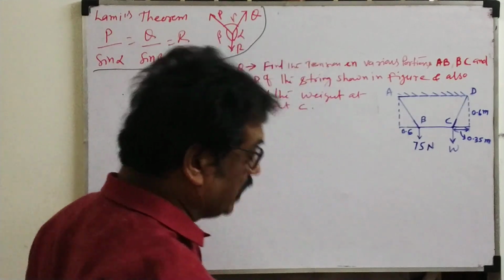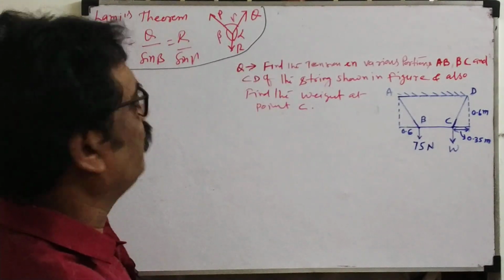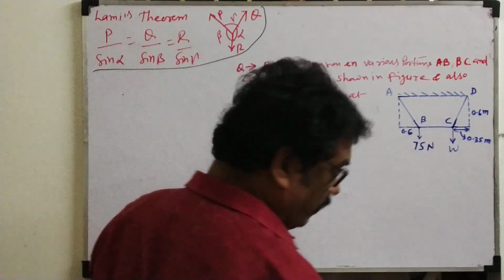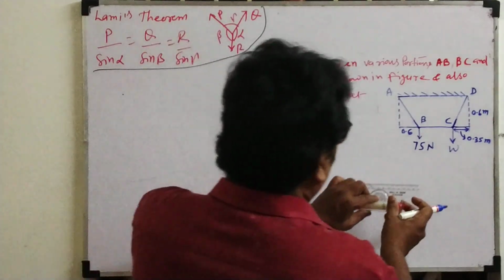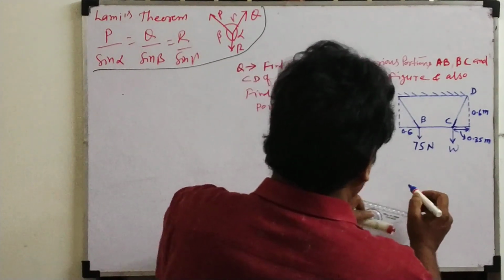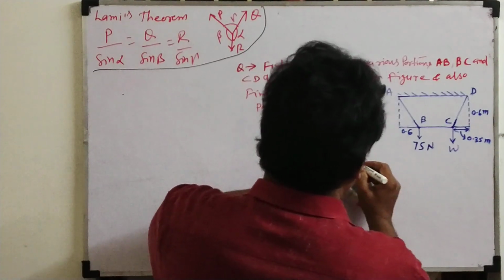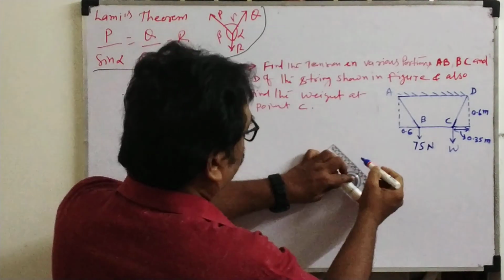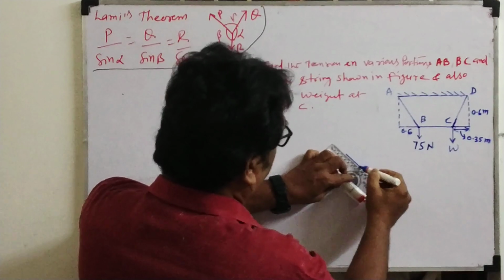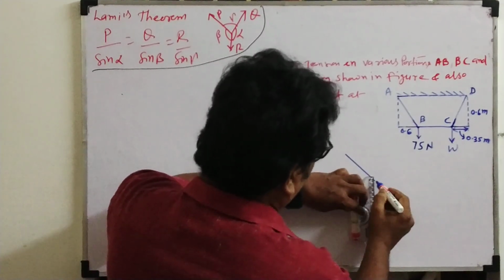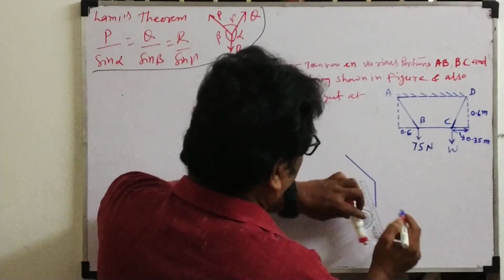So our first work as usual is the free body diagram. So the free body diagram we will draw first. We will start with a little bigger free body diagram. You see here AB. Then here the weight will be 75.